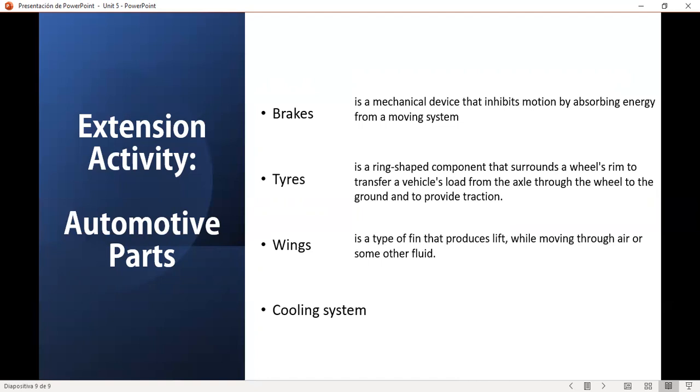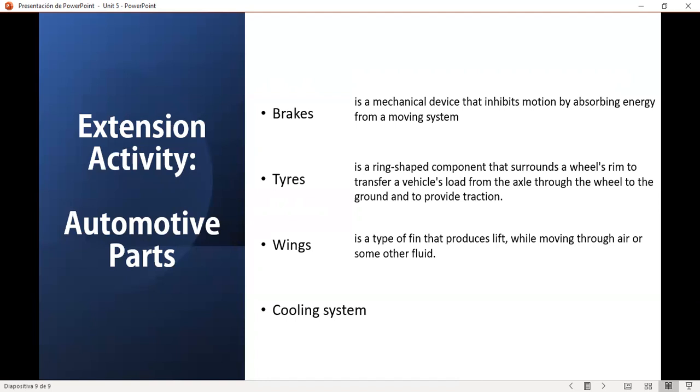And the last one is the cooling system. The cooling system is trying to reduce the high temperatures, the very high levels, where the engine tries to support all the loads in the car.